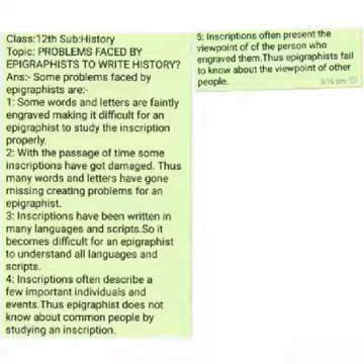While a historian is trying to study inscriptions, he faces some problems. Now we have to see what problems a historian faces in studying the inscriptions. Number one problem.